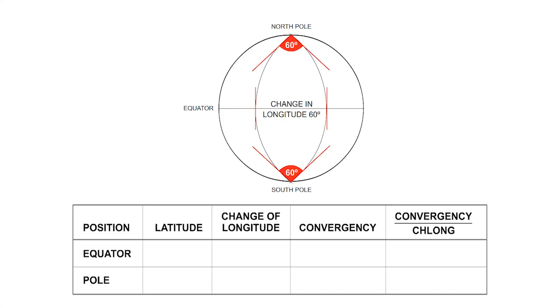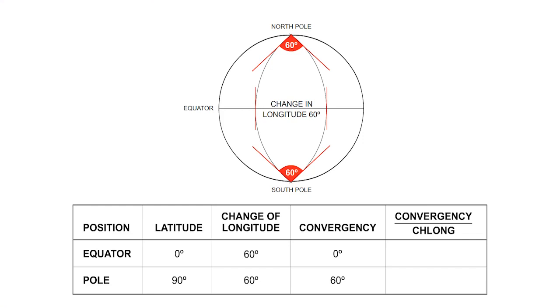Latitude at the equator is 0, and latitude at a pole is 90 degrees. The change of longitude in each case is 60 degrees. At the equator, the meridians are parallel. Their inclination to each other, or convergency, is 0. But at the pole, they meet at an angle equivalent to their change of longitude.